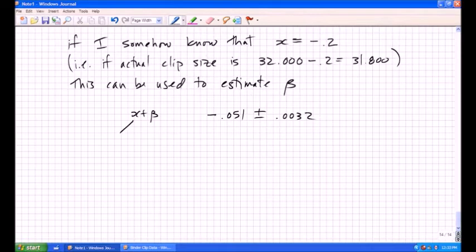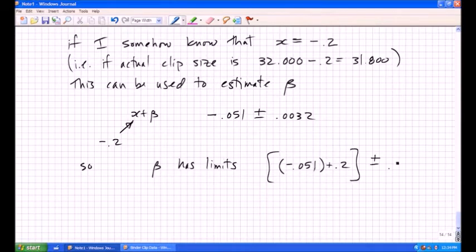I'm claiming that I know that to be minus 0.2, so that implies that beta has limits that are this minus 0.051 plus 0.2 plus or minus 0.0032.